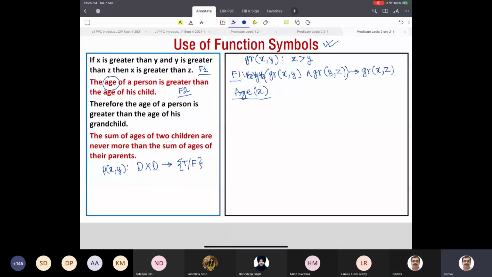Correct. Whereas a function f(x, y) is a mapping from D cross D to a constant value. No, it's a mapping from D cross D to D. Okay.